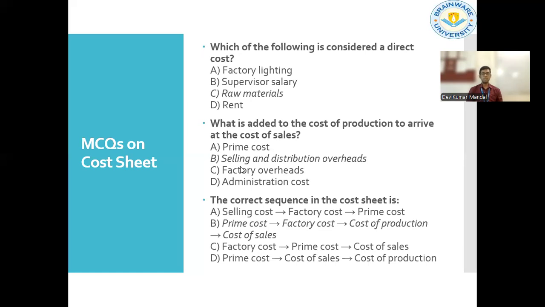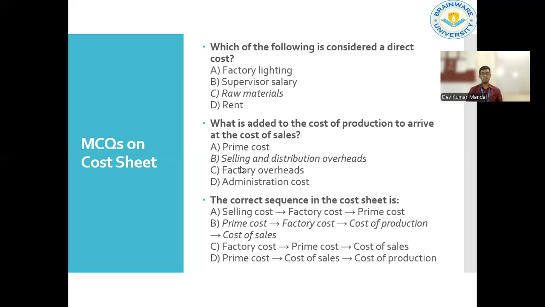Okay. So moving towards the next MCQ, what is added to the cost of production to arrive at the cost of sales? So cost of production calculation comes after the prime cost, factory overhead, and office and administration.